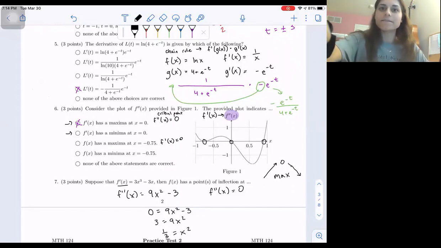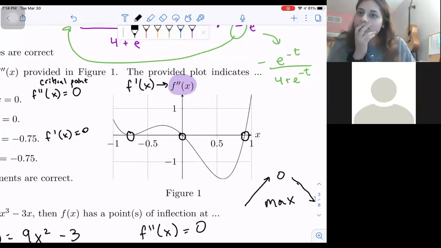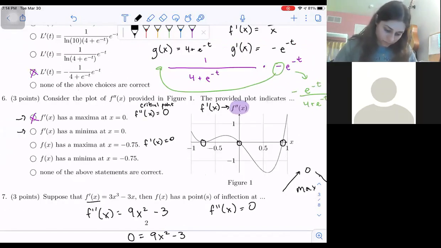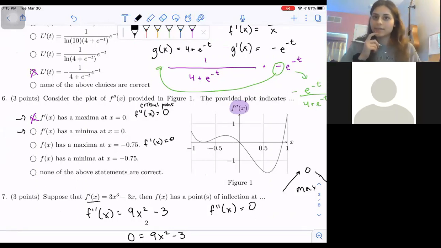So, you know how we had a minimum at 0? If one of the options was a minimum at like 0.75, would that be considered a minimum, since it's below the axis and then above? I'm not sure I followed all of that. You're referring to answer choice B, the minimum at x equals 0?